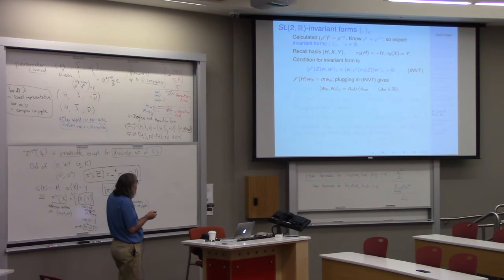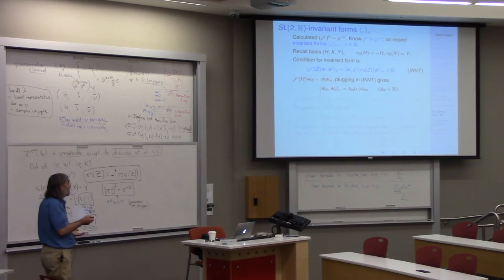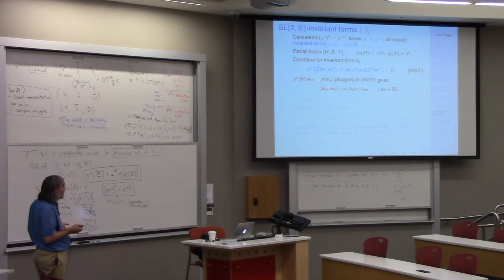And we know that this basis Wm is a basis of eigenvectors for H, and if you plug that fact into this invariant notion and take Z equals H, what you find is that these Wm's must be an orthogonal basis. So Wm paired with Wn has to be some real scalar times a Kronecker delta.